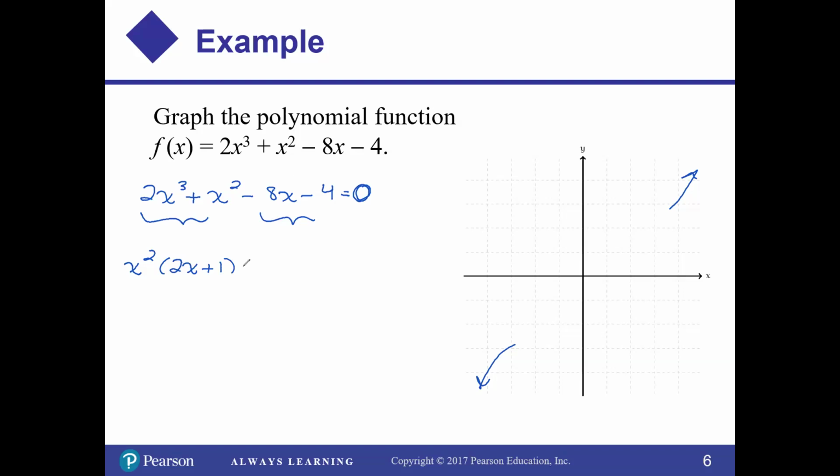In here, I can factor out a negative 4, which would leave me with a positive 2x plus 1. Then we can factor out the 2x plus 1, and we would be left with x squared minus 4, which we can factor further because that is a difference of squares. So that factors into x minus 2, x plus 2.